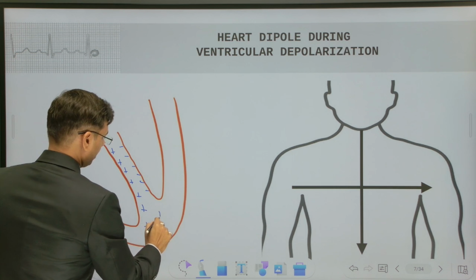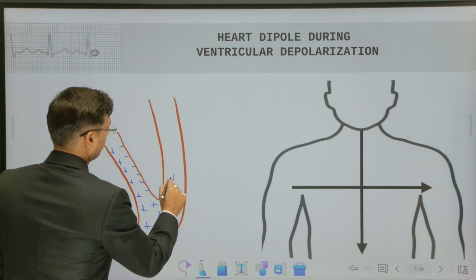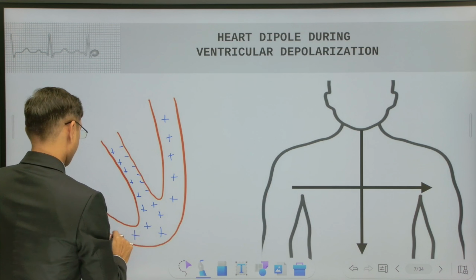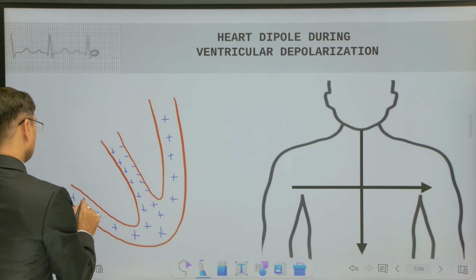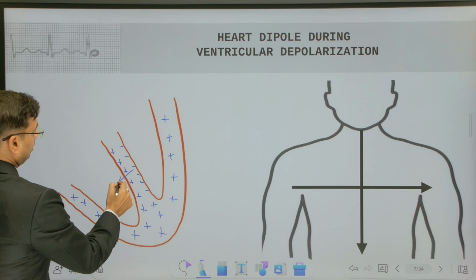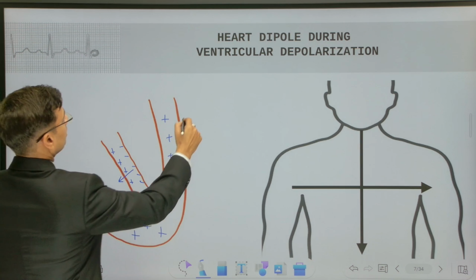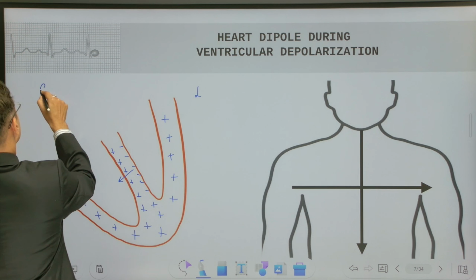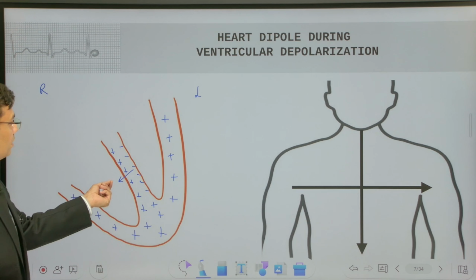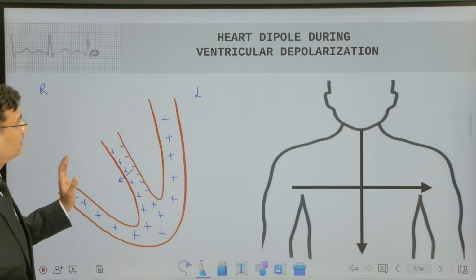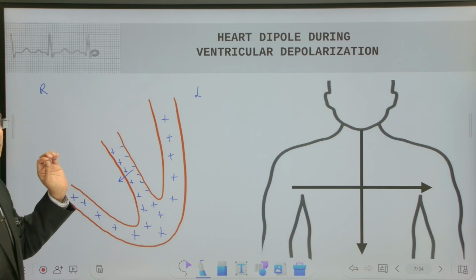And the remaining ventricle is still at a polarized state. So we can think a small septal vector in this direction will form. So we can say this is the left side and this is the right side. So a small septal vector directed towards the right side is going to form in this stage during the septal depolarization.